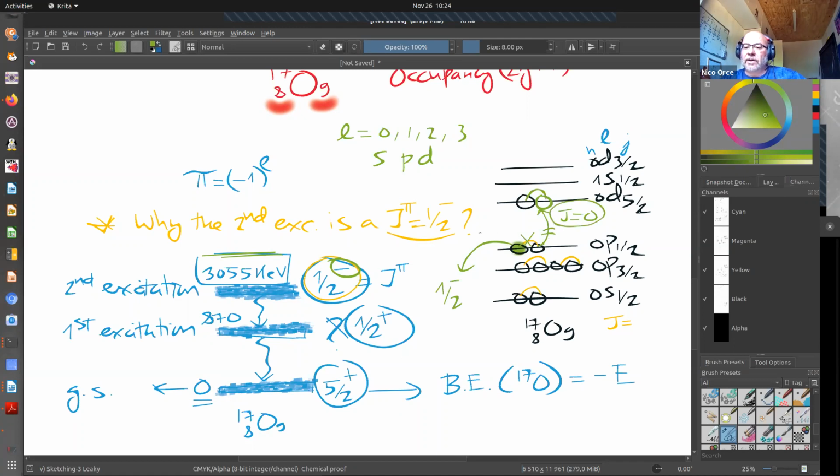And then the odd particle is now this one, which lies in the P 1/2, and this is negative parity, 1/2 minus. And this is the understanding of this particular excitation in oxygen 17.